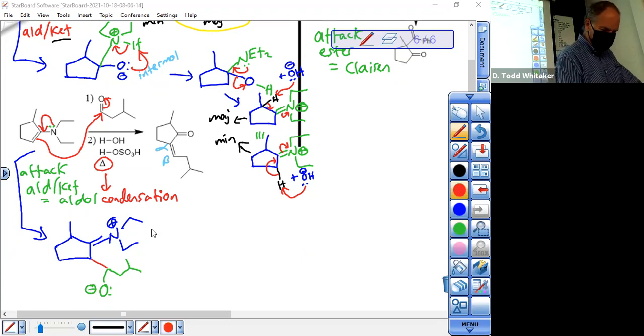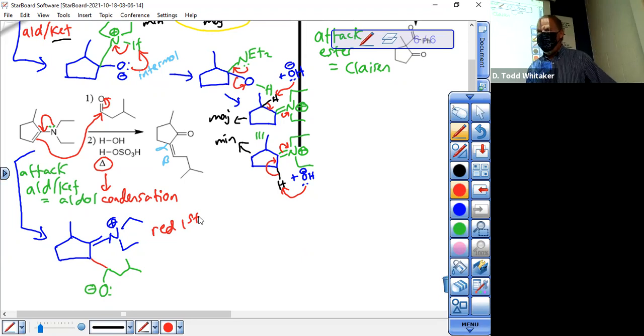And now I will resort to red first, because you've got to finish the aldol reaction first to make an ol. That's an alcohol. But in the first step, there were no protons around to do so. You need to add a proton. That's where your sulfuric acid comes in here.